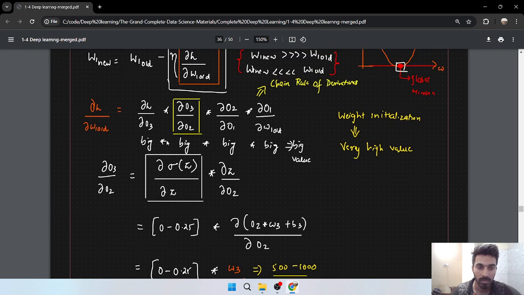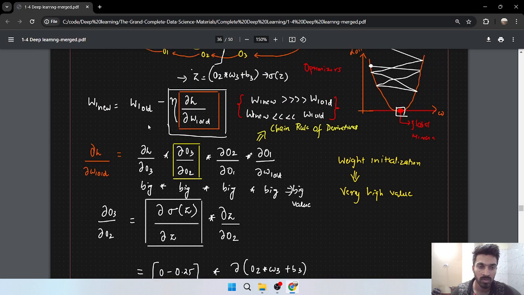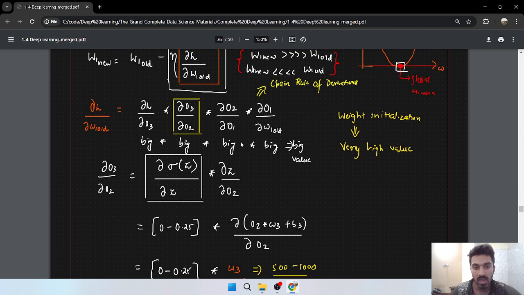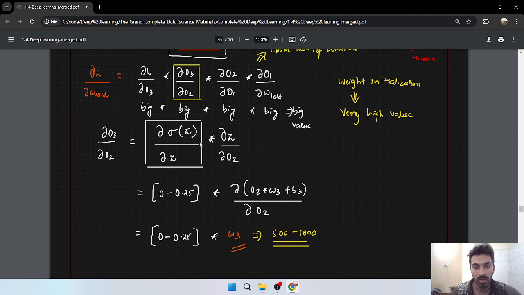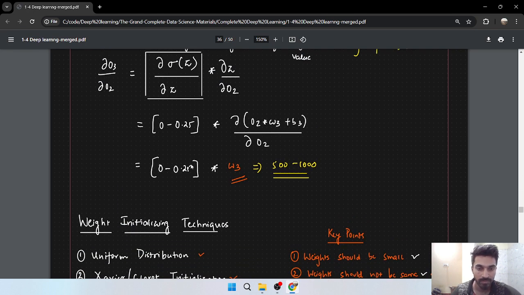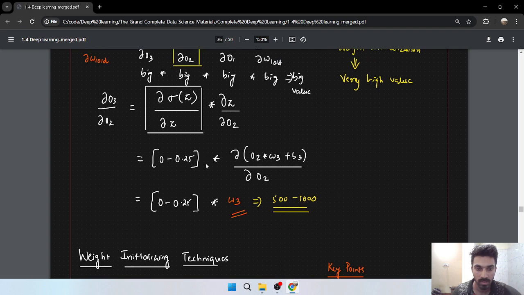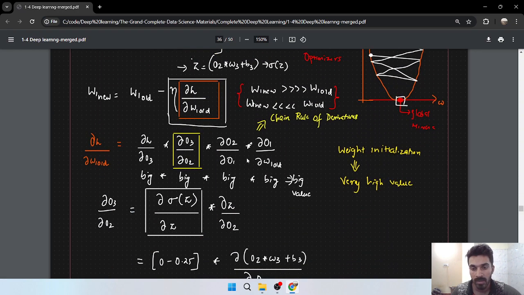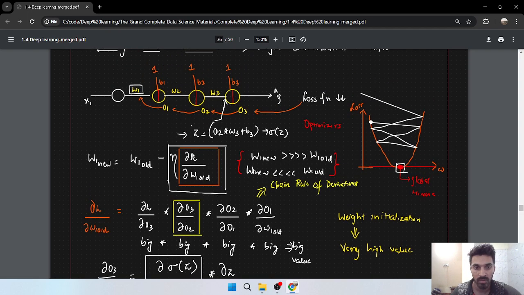Due to the chain rule of differentiation, every time you are getting a big number. That's why it is known as the exploding gradient problem. Your value is from 0 to 25, but if you multiply by a big number, you will get a big number.